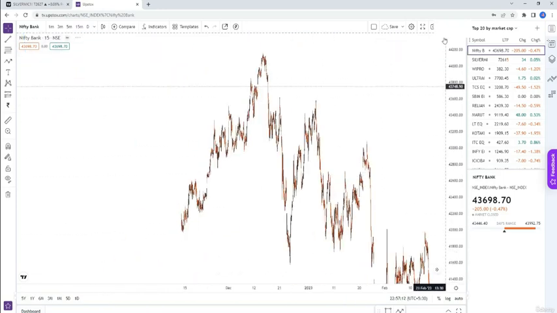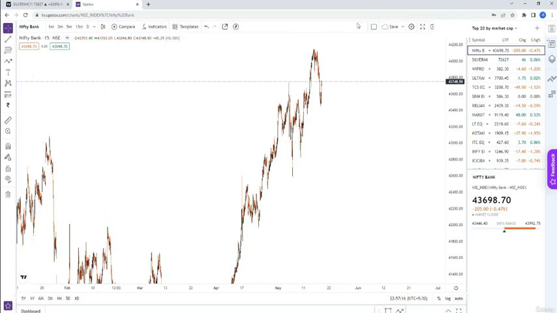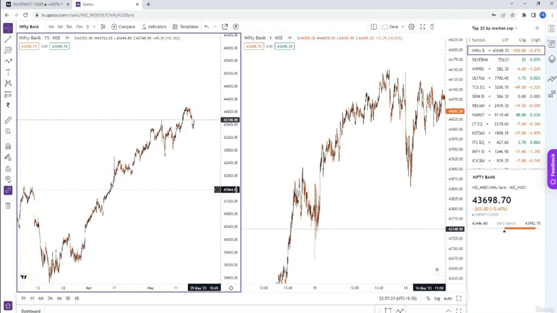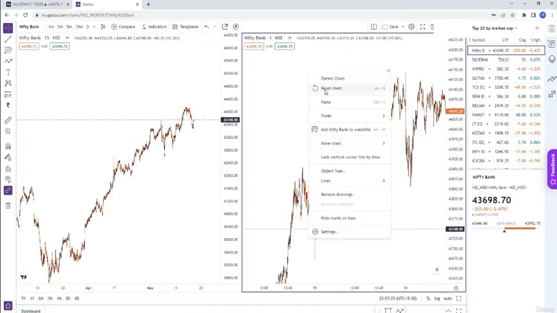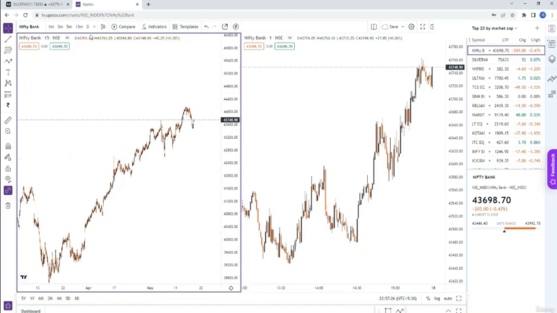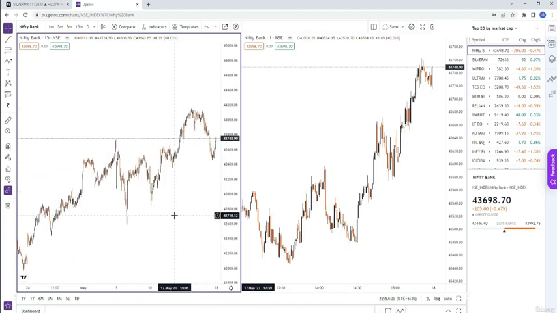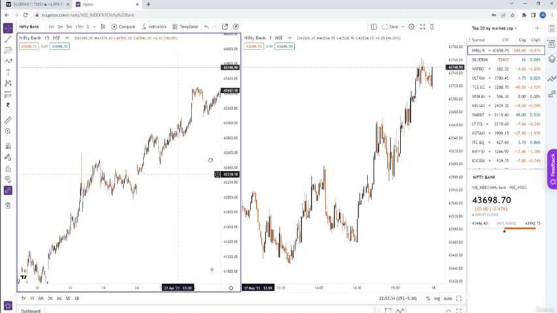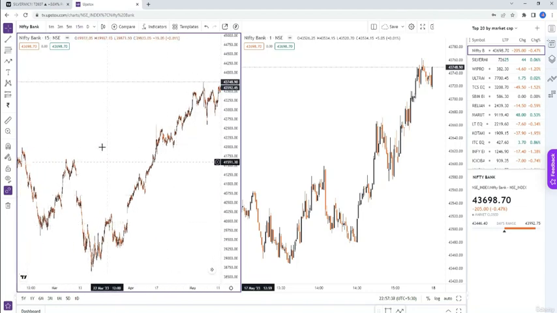Now let's come to the example, the same example I would like to show you. Let me go here. This is 1 minute and this is 15 minute. Now the place we took an entry was this.